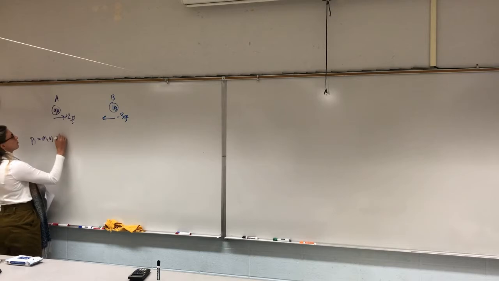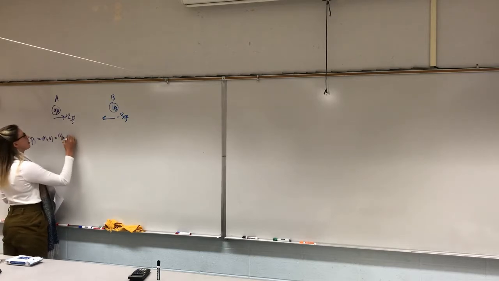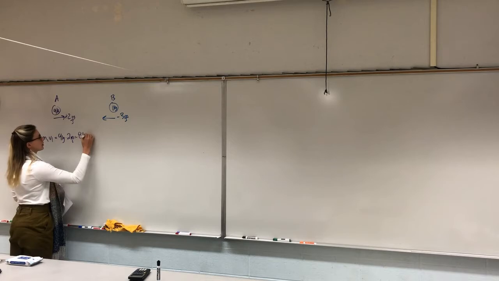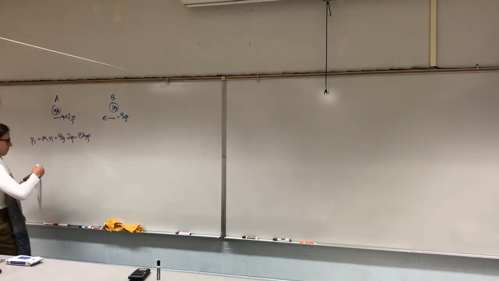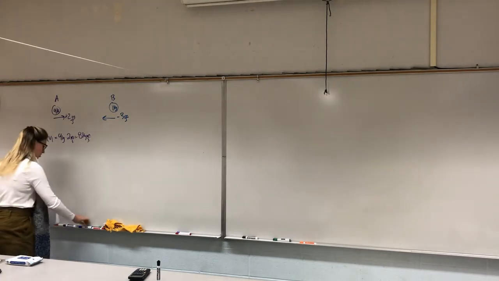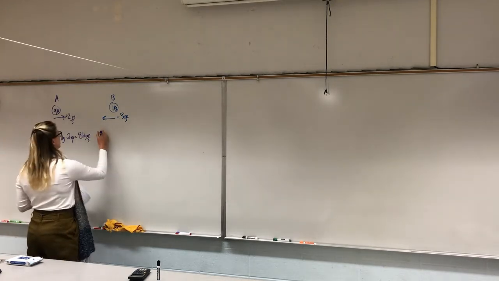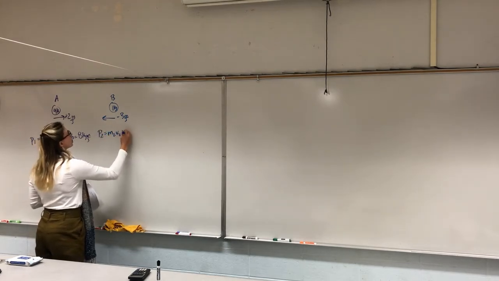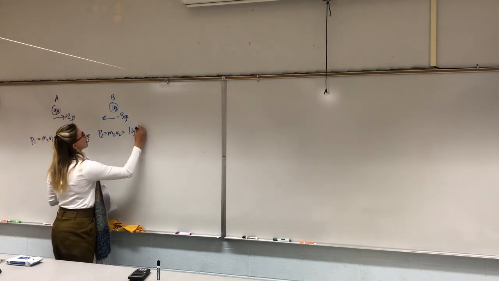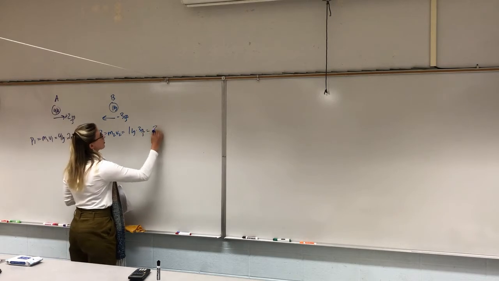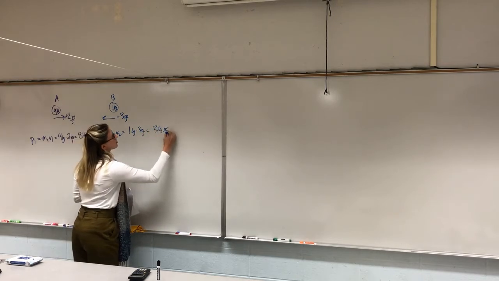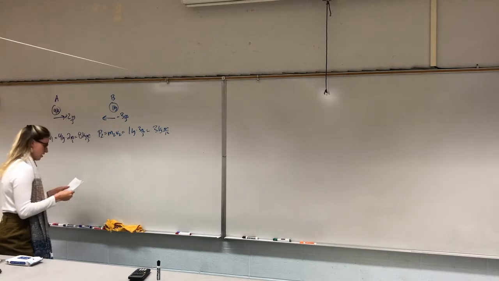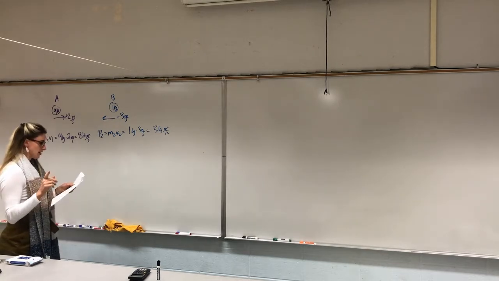My mass is 4 kilograms, and my velocity is 2 meters per second, so I've got 8 kilogram meters per second. Now, my momentum over here is gonna be 1 kilogram times 3 meters per second, so 3 kilogram meters per second. So that's A and B.